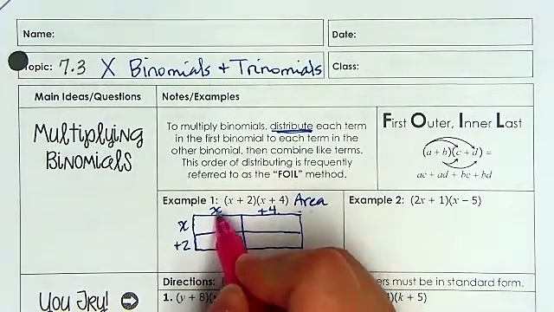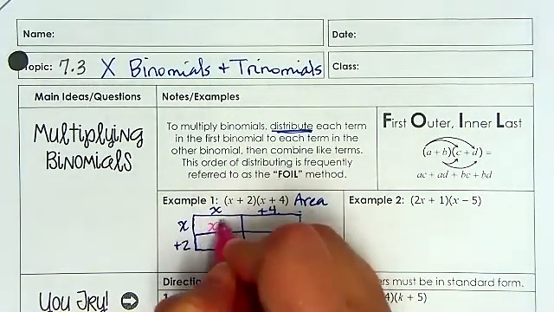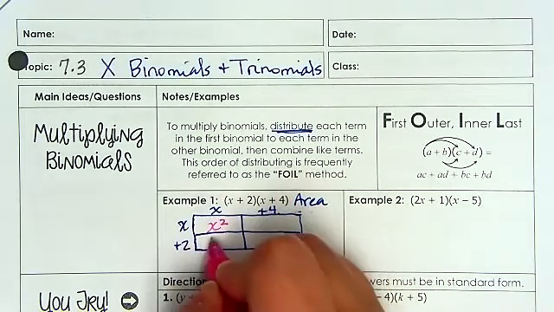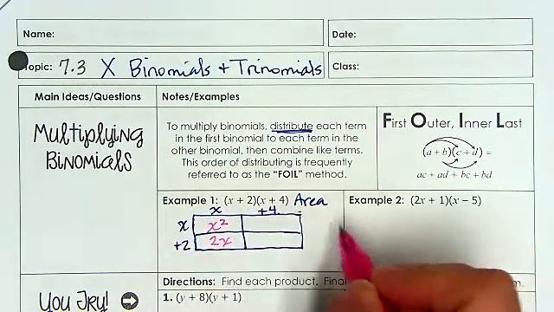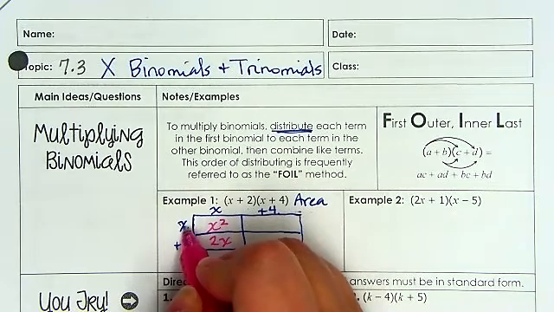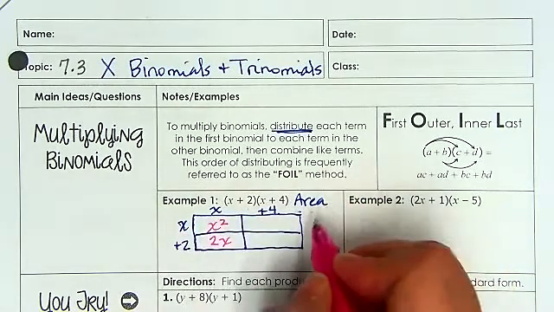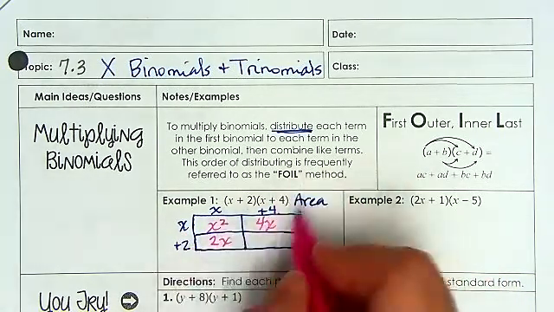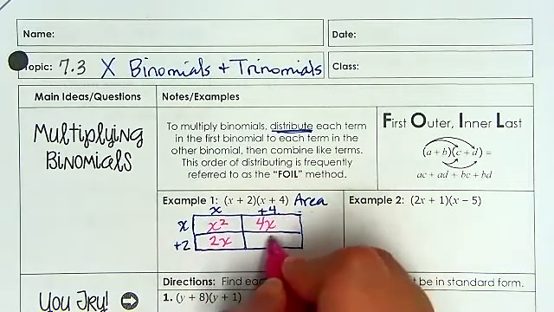And now we multiply. X times x is x squared. X times 2 is 2x. 4 times x is 4x. 4 times 2, and those are both positives, is 8.